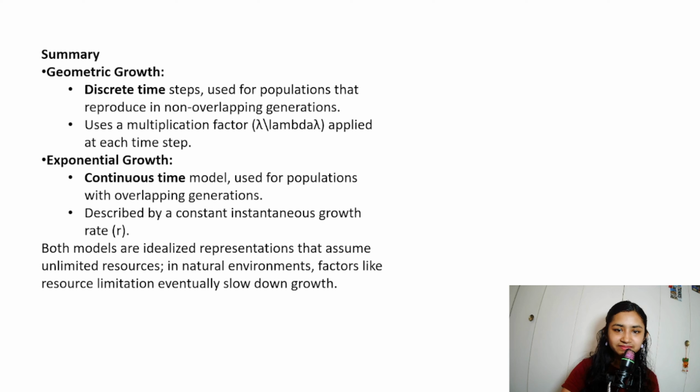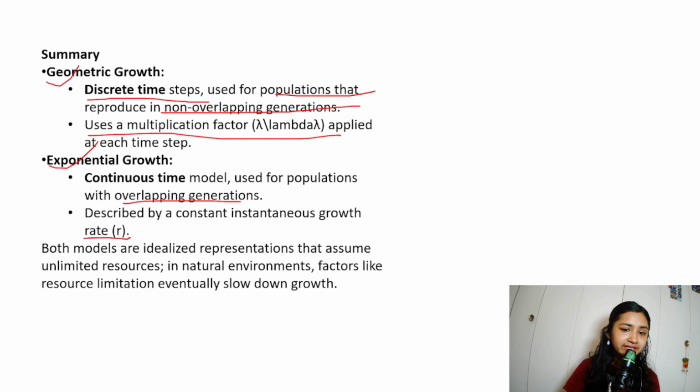Okay, and in summary: geometric growth uses discrete time steps, because you have a discrete time interval, and is used for populations that reproduce in non-overlapping generations. It uses the multiplication factor lambda, I told you, the finite rate of increase applied at each step. And exponential growth is a continuous time model used for populations with overlapping generations, described by a constant instantaneous growth rate, that is small r.